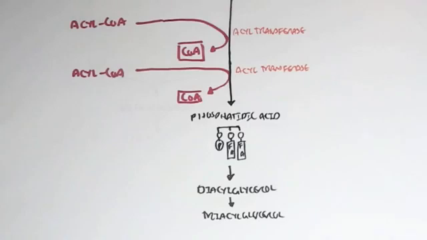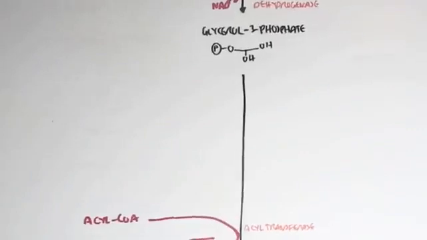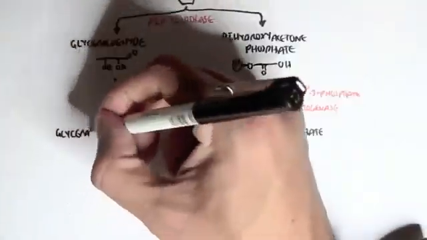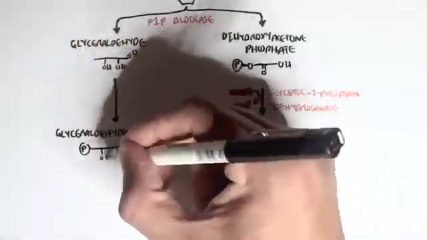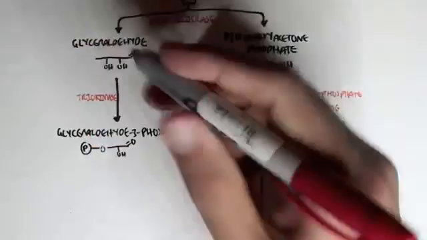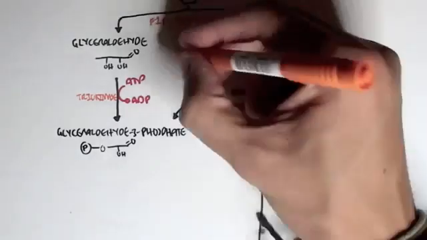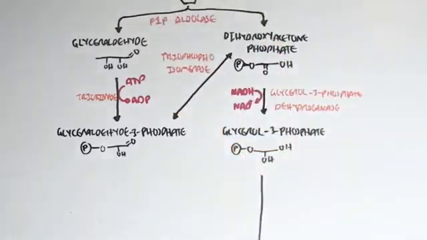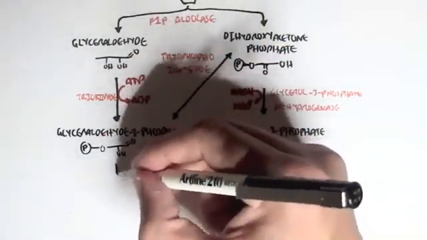So where do these fatty acids come from, these acyl-CoAs that get added here? Well, surprisingly enough, they also come from fructose. What happens is glyceraldehyde can convert to glyceraldehyde 3-phosphate by the enzyme triokinase, the phosphate obtained from ATP. Dihydroxyacetone phosphate can actually also convert to glyceraldehyde 3-phosphate by the enzyme triosephosphate isomerase.